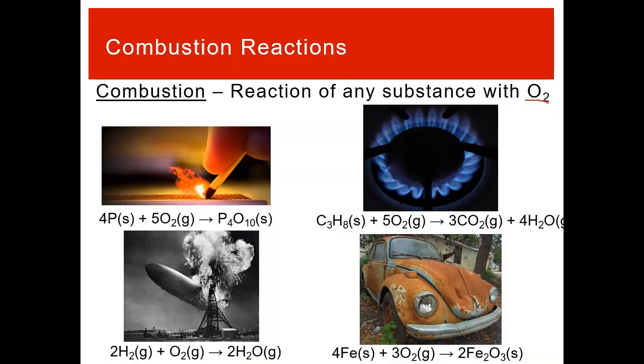Burning propane, we have seen this reaction a handful of times now, and that's a really useful reaction. We burn propane as fuel, either in stoves or on gas grills. One thing we can see about combustion is these reactions are usually very energetic. There's a lot of energy released that we use for practical purposes.